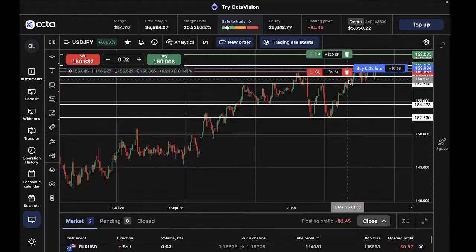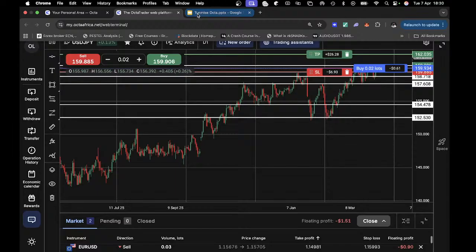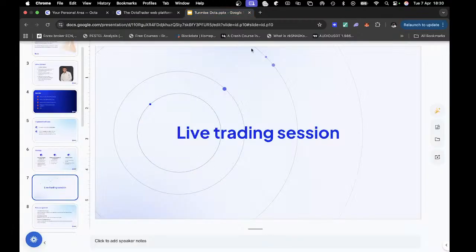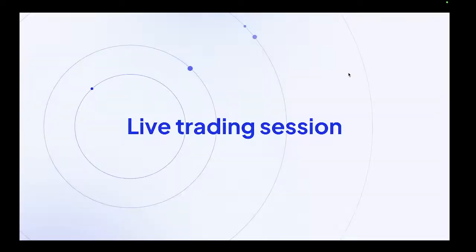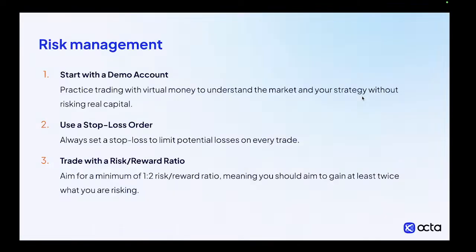Fantastic. Yeah, so we've been able to explore Euro USD and USD JPY. There's one interesting thing you need to know as a trader, that it's important for you to work with and to live with, and that is risk management.